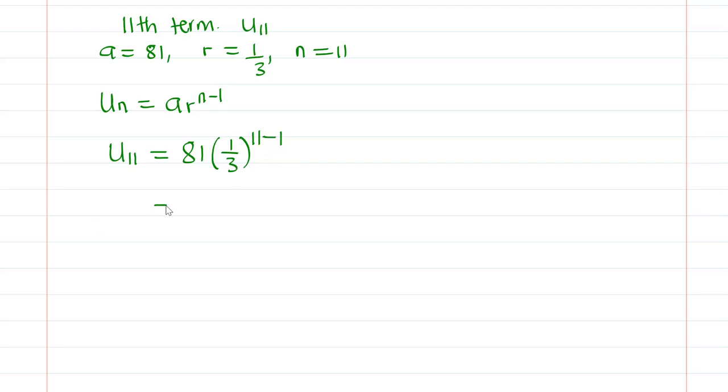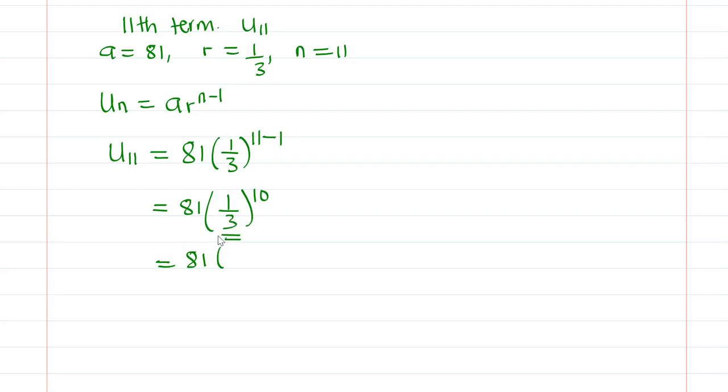Then we simplify that. We shall have 81 into 1 out of 3 power 10. Alright. So you press the calculator. How do you press it? Let me keep 81 the same. Into, you first press 1 out of 3, press equal sign.